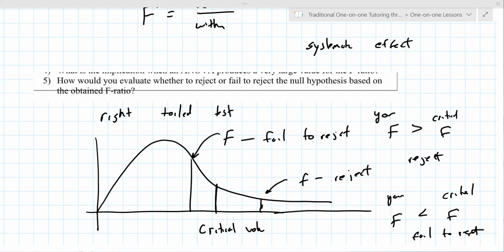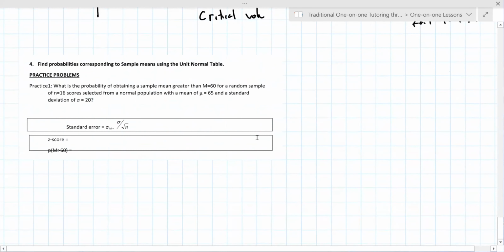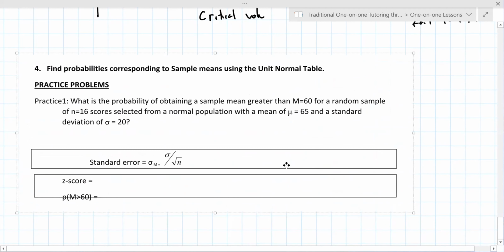All right. So practice problem number 1. What is the probability of obtaining a sample mean greater than M equals 60 for a random sample of n equals 16 scores selected from a normal population with a mean mu of 65 and a standard deviation of sigma 20?